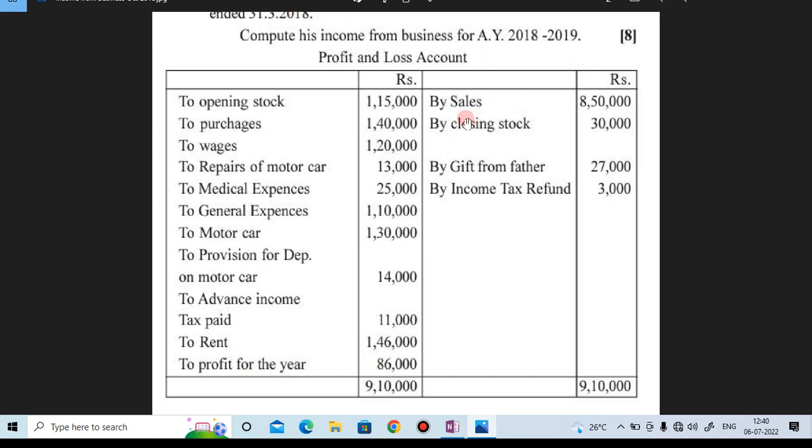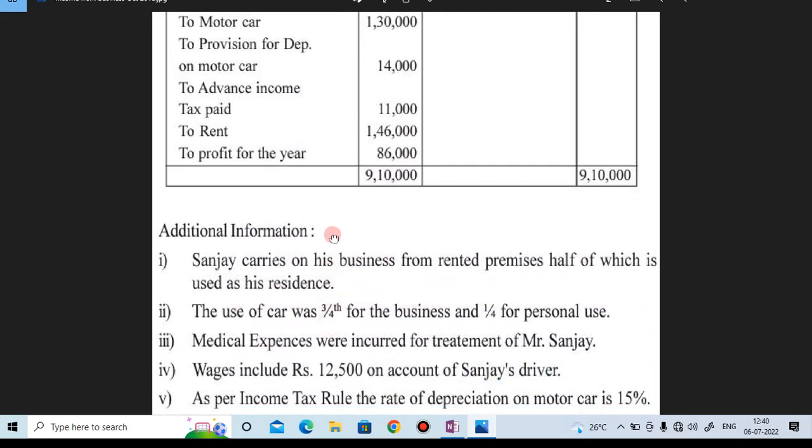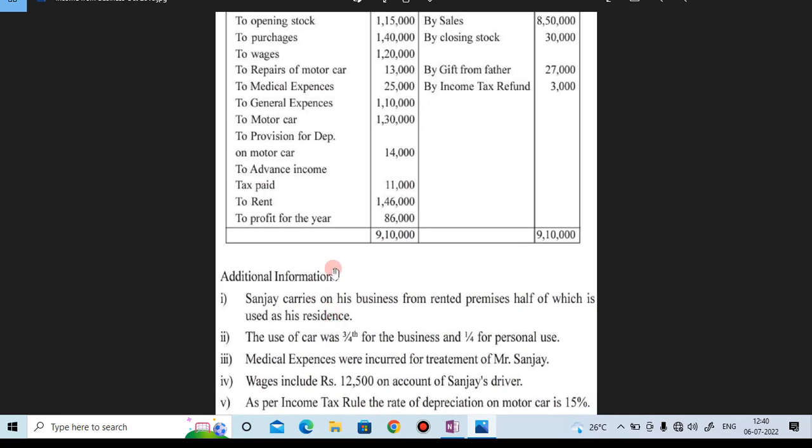Next, the credit side is by sales 8,50,000, closing stock 30,000, gift from father 27,000, income tax refund 3,000, and both the sides are tallied at 9,10,000, and there is some additional information provided.